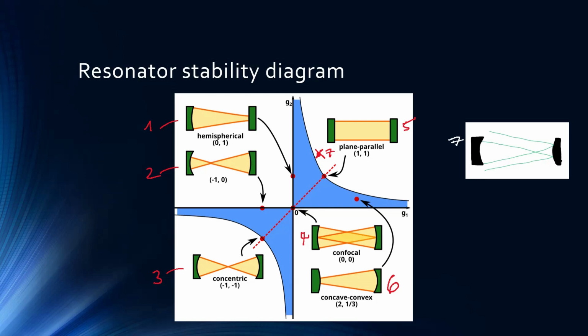And I made up my own example, number 7, which is outside of this region. You can see one of the mirrors is convex and one is concave, but the concave one is too concave, in the sense that it reflects too much light out of the system. So the loss is too big to actually lase.